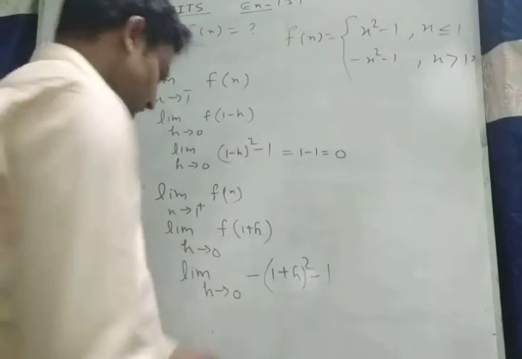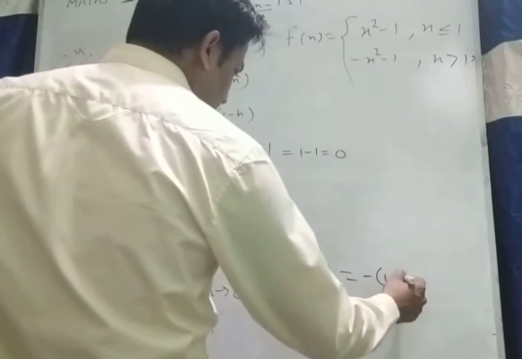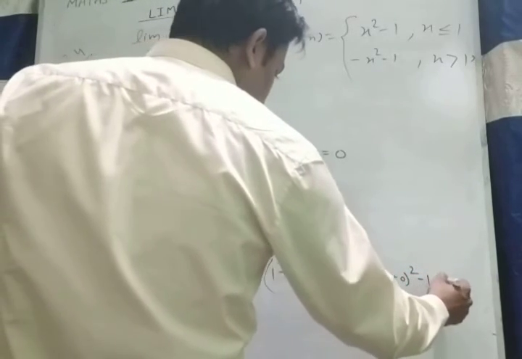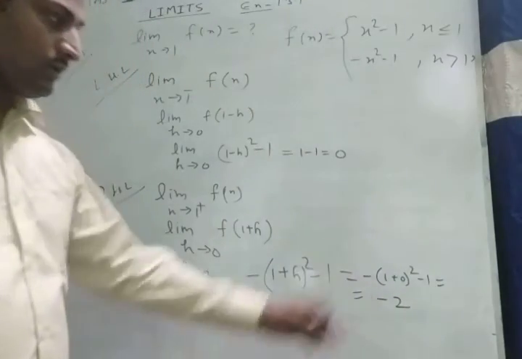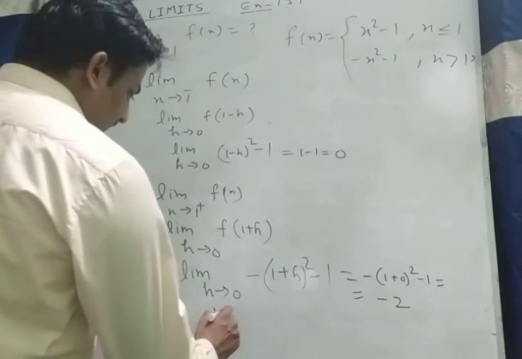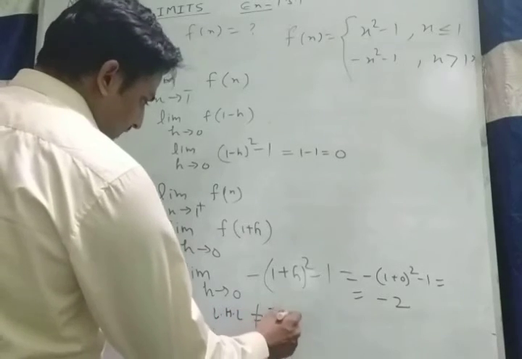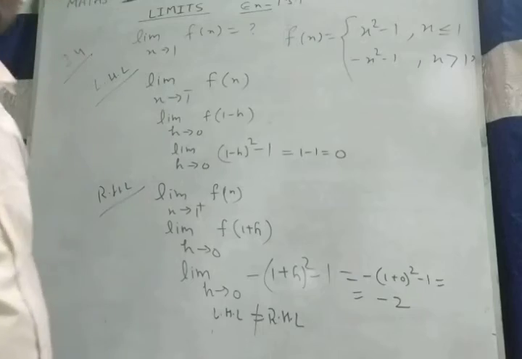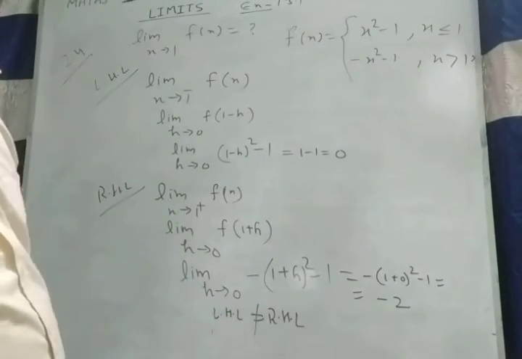Now put the value of the limit, we get minus (1 plus 0) square minus 1, so it will be minus 2. Okay, so left hand limit is not equal to right hand limit, so the limit of the function does not exist.